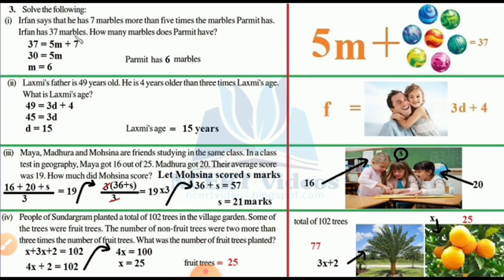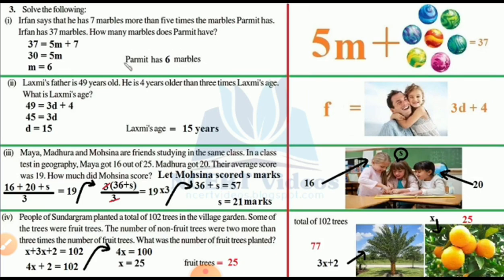Once again, it is here, but now we have to find out the marbles Pramit has. So M is equal to 6. M means Pramit. Correct. Look here, 37 is equal to 5M plus 7, which gives us 30. Why? Because 37 minus 7 gives us 30.